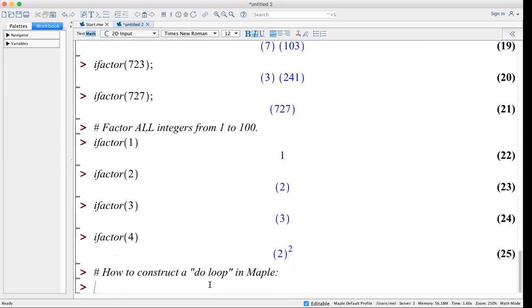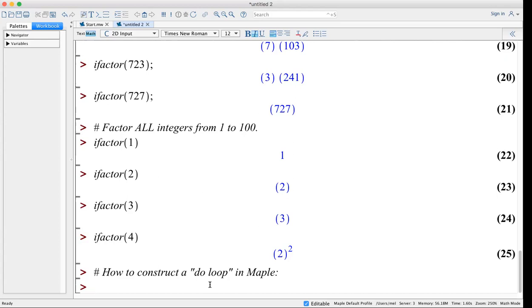And in this case, what we want to do is factor all the integers from 1 to 100. So there is this very particular syntax in Maple for doing this, and it uses certain words that have very specific meanings in Maple.